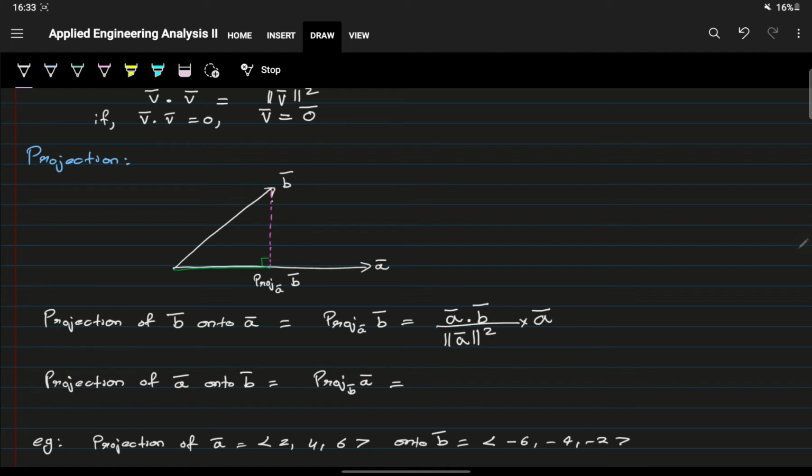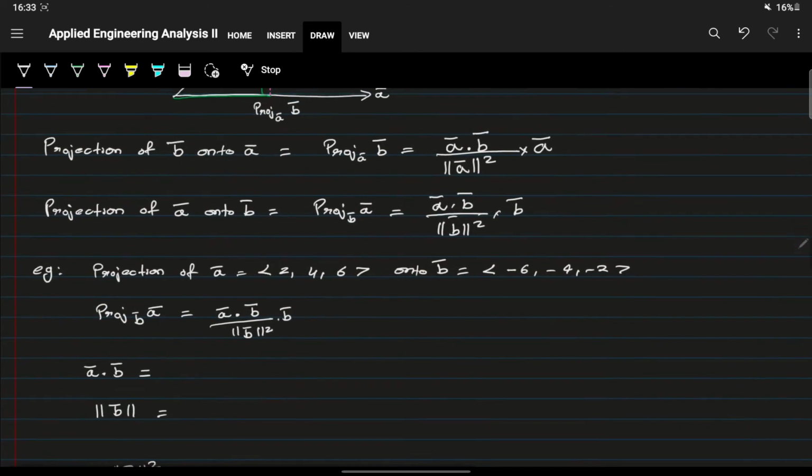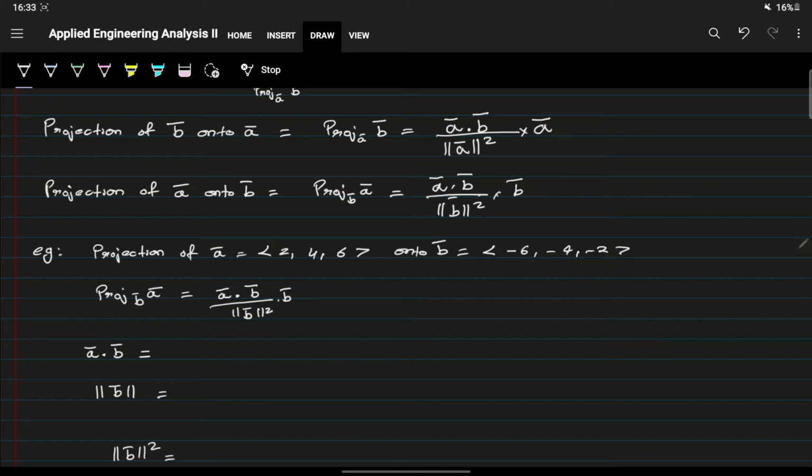This last multiplication is a normal scalar multiplication. Similarly, the projection of a bar onto b bar is provided by the dot product over the magnitude squared of b bar, times b bar.